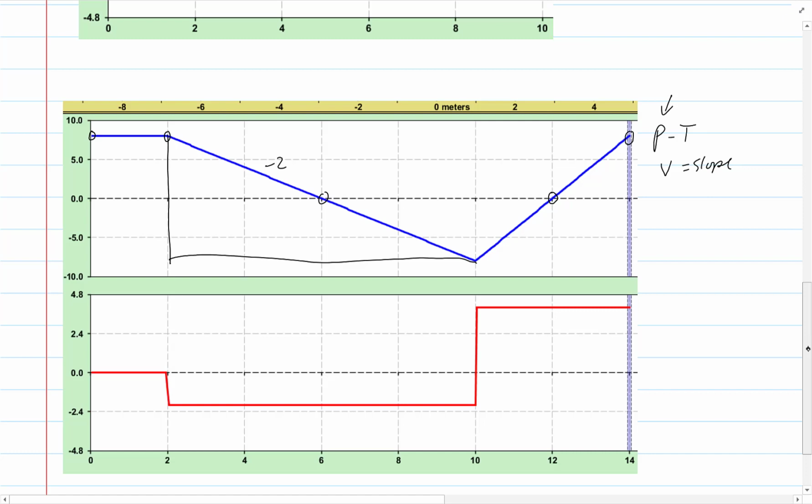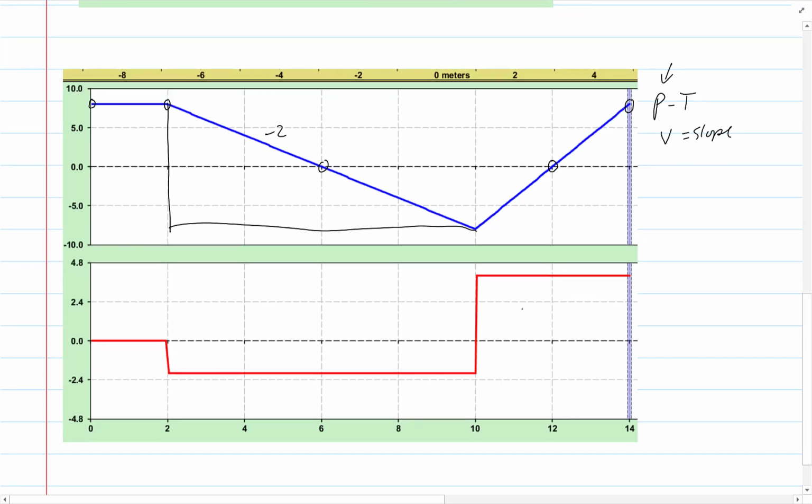On a velocity time graph, you can tell me its velocity, but you can also find out its change in position. Okay, once more, here we go. This is a velocity of -2, times these 8 seconds, sorry, 8 seconds.